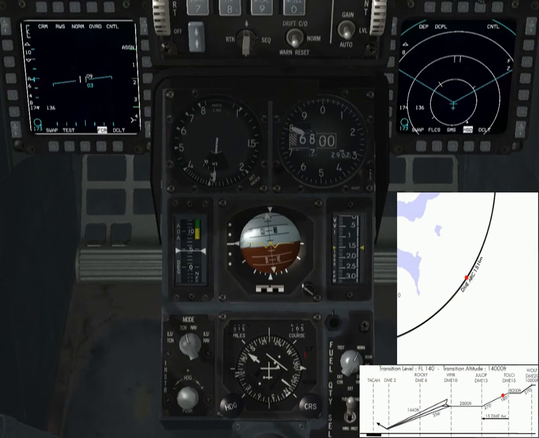Looks like I will be a bit higher on Julop, so I increase my rate of descent.